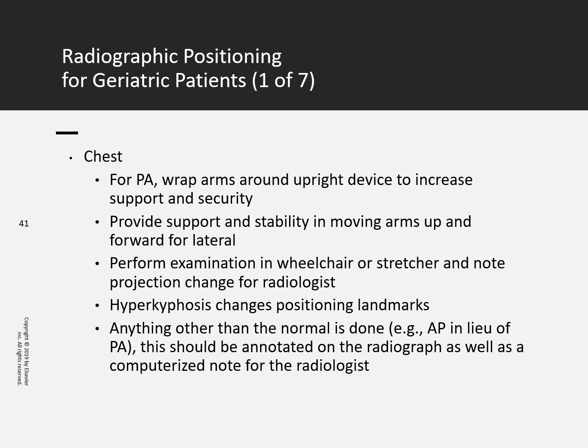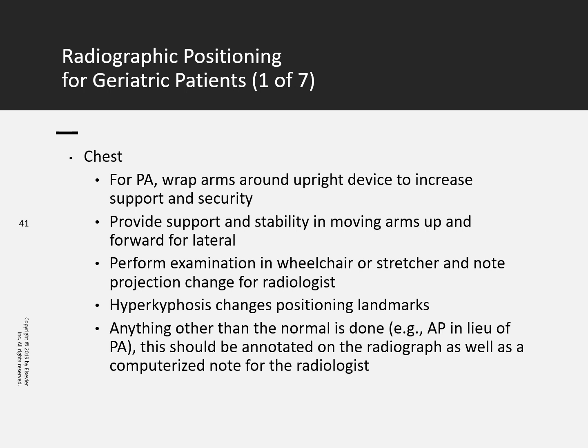Okay. We can also change the exam from a PA upright to a wheelchair AP chest if the patient's not able to stand. We just have to note that we've made that change to the radiologist. Okay. Always, if you make a change, the expectation is we're doing a PA and lateral if it's a 2-view chest.